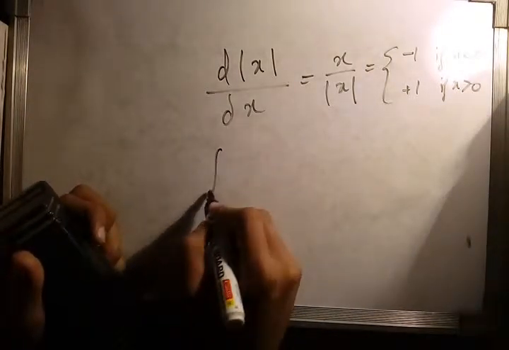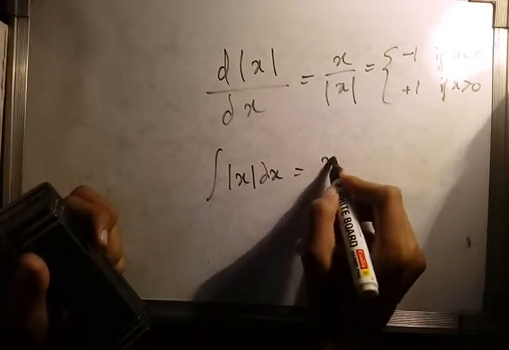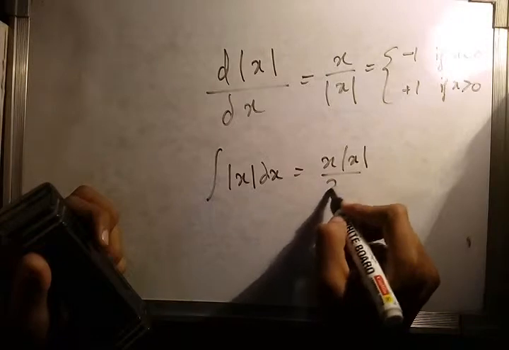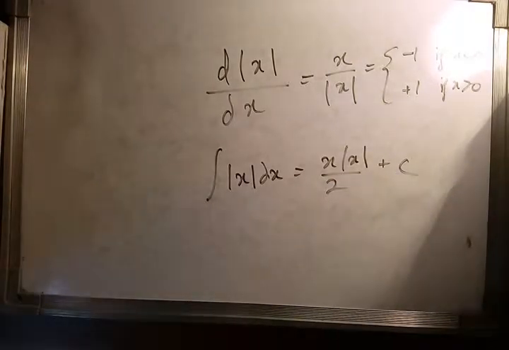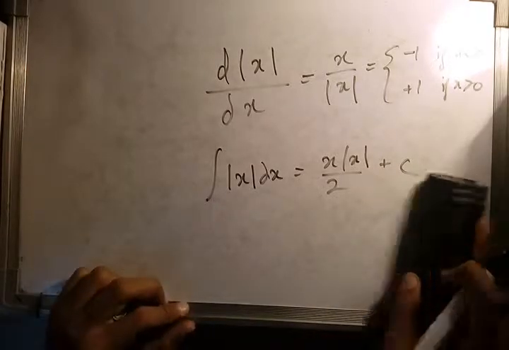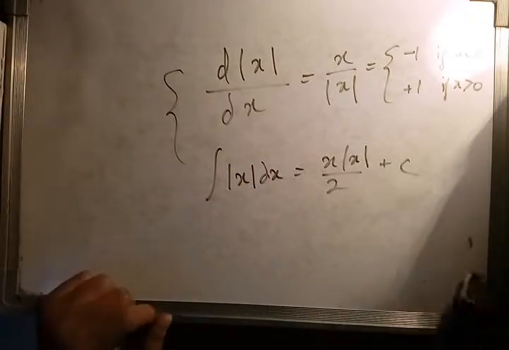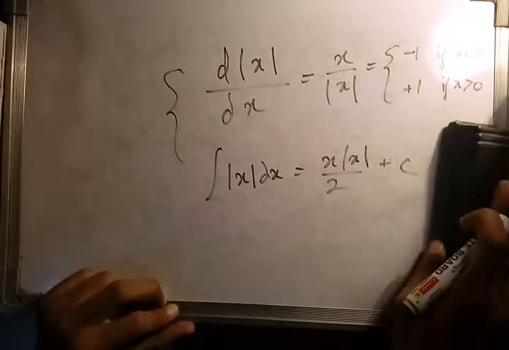And the integral property, that is, the integral of modulus of x is equal to x times mod of x by 2. I'm not going to show you the proof of these, you can find it out yourself. These are very basic properties of the mod function, but these are used more than the other properties that I mentioned earlier, so you should keep them in mind also.